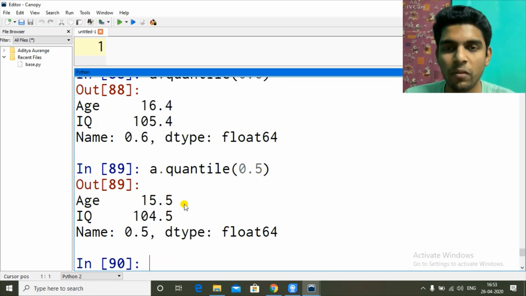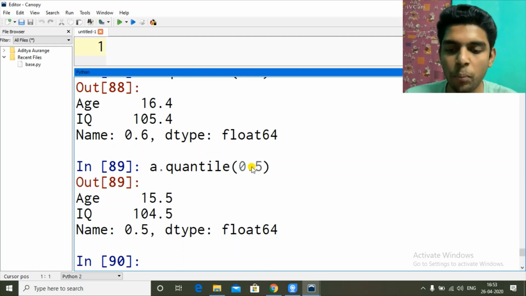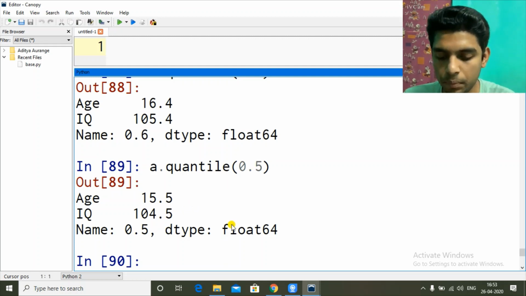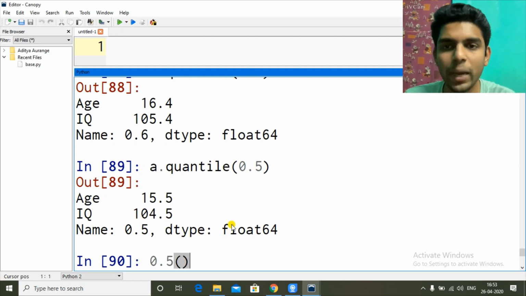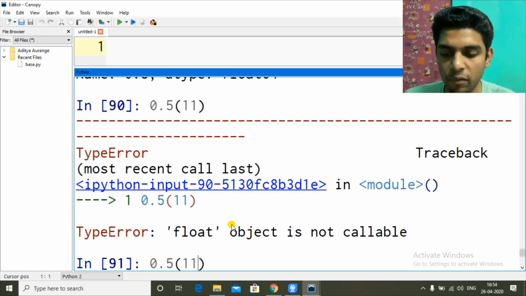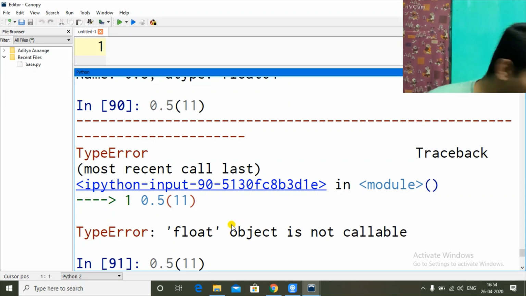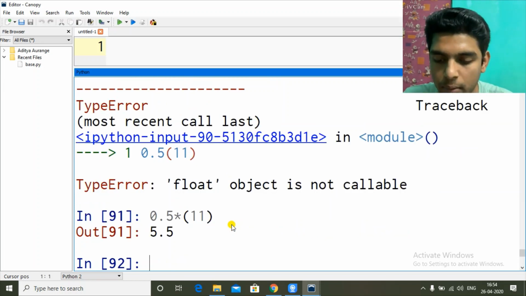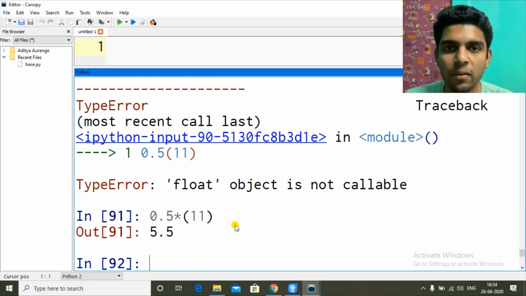Now while using it, I came up with a method which was giving me these values only. So what was that? Let's say for 0.5 we want to find. So 0.5 into n plus 1. So n plus 1, 11. So I have to put a multiplication sign. Okay. So 5.5.